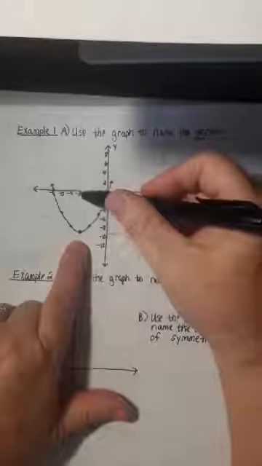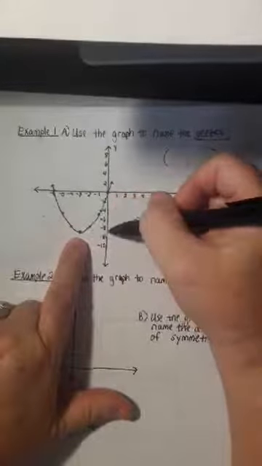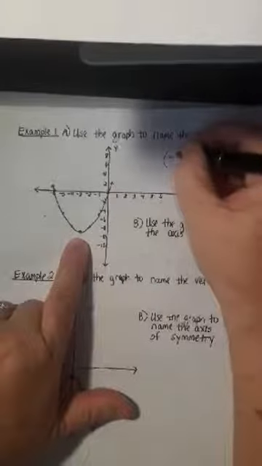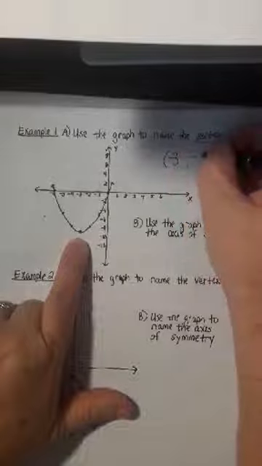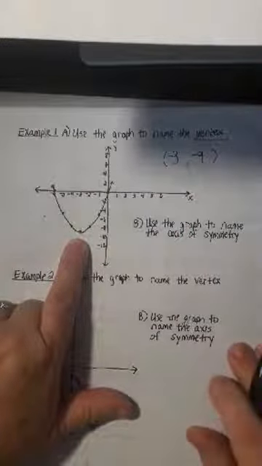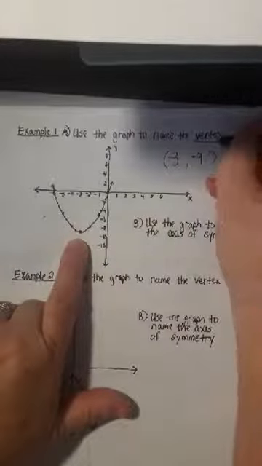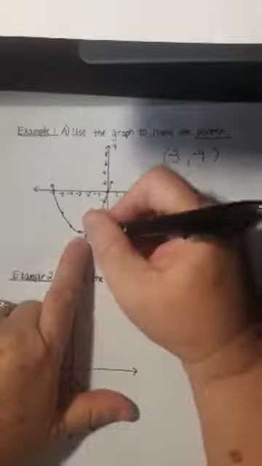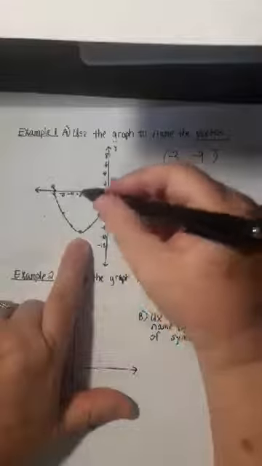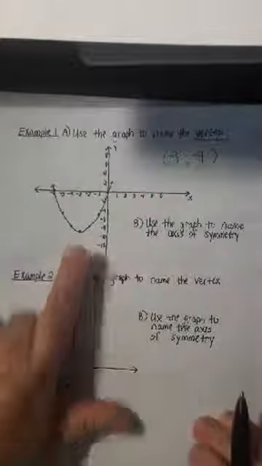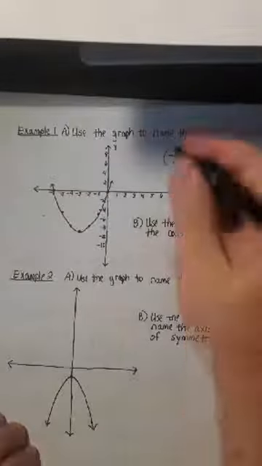So that's your point, -3, -9. You just got to make sure you know vertex is this bottom point, and then just name that point. And that -3, -9 is that point. So that's your vertex. It's that easy.